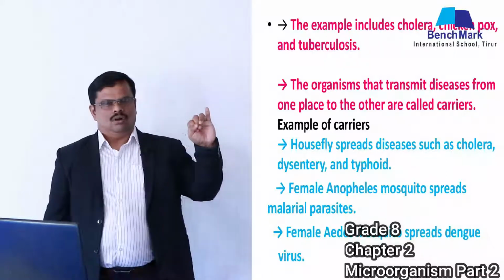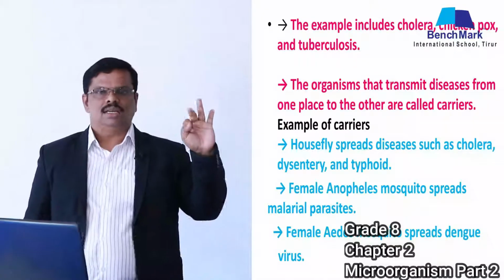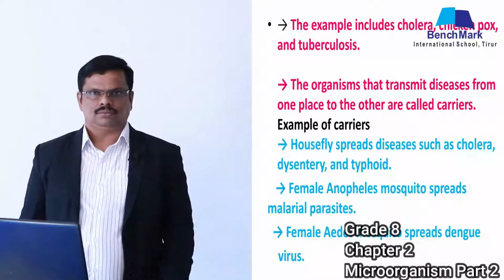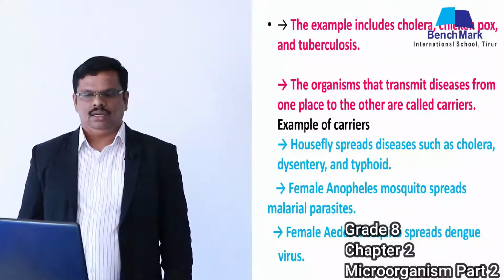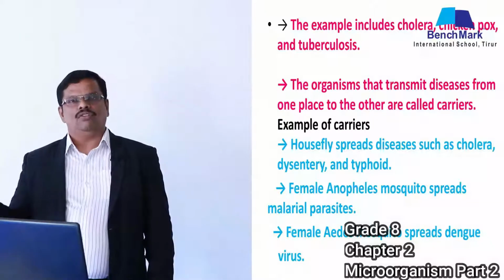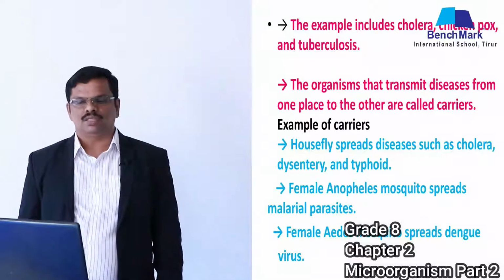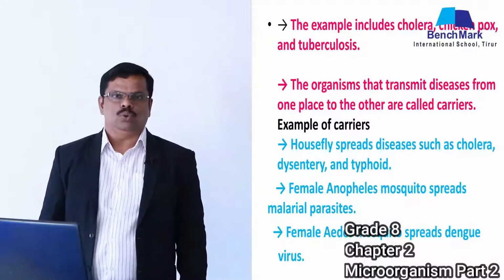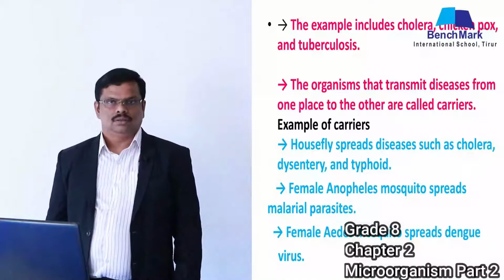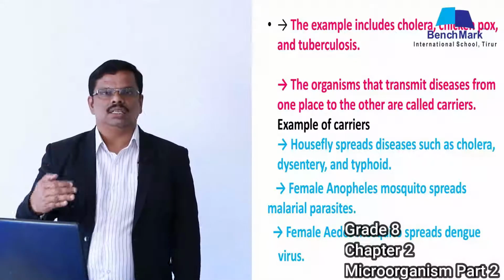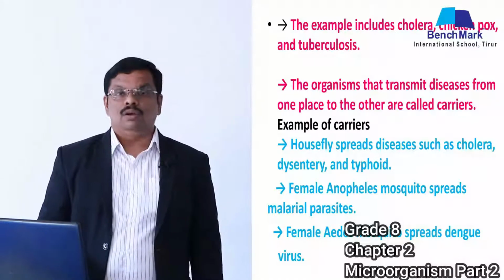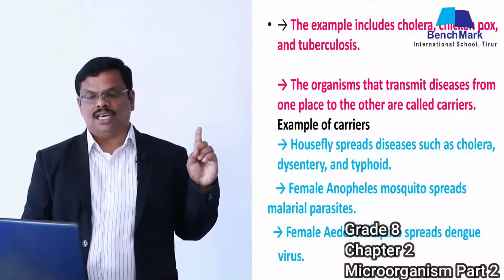What are they? Cholera, dysentery and typhoid. Then the female Anopheles mosquito spreads malaria. The female Aedes mosquito spreads the dengue virus. So these are the things that are given in the textbook. Children, don't forget to read the textbook.